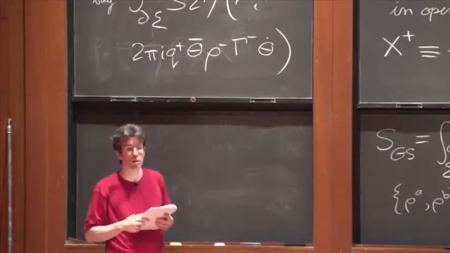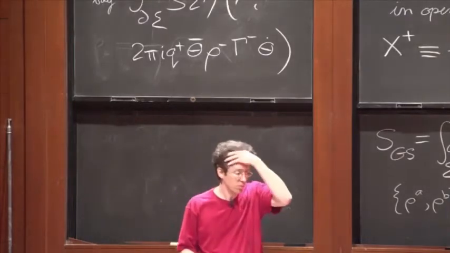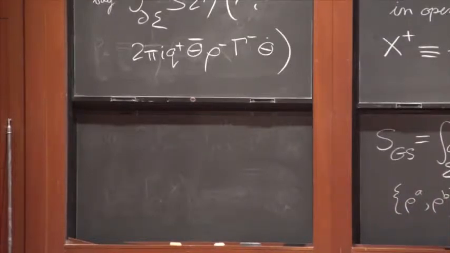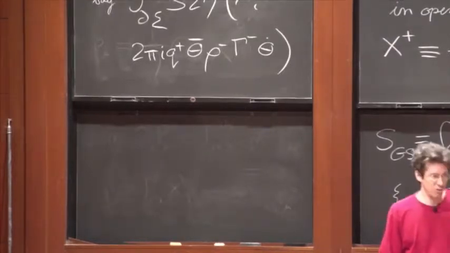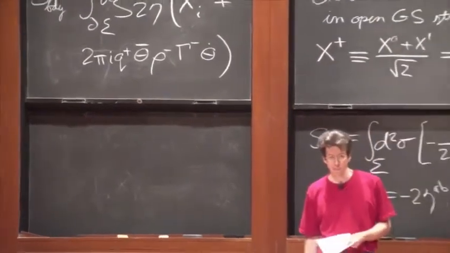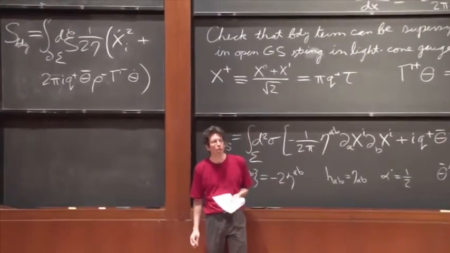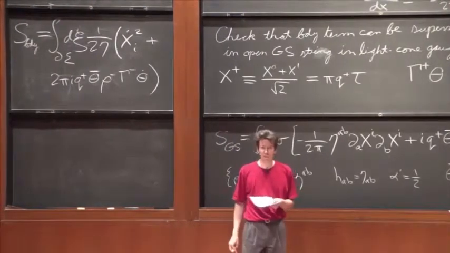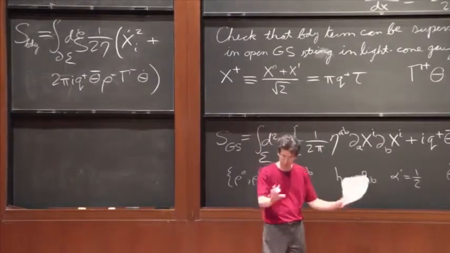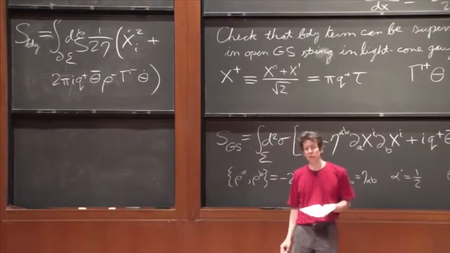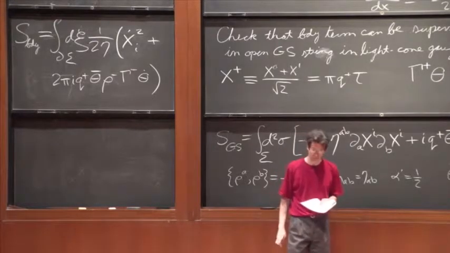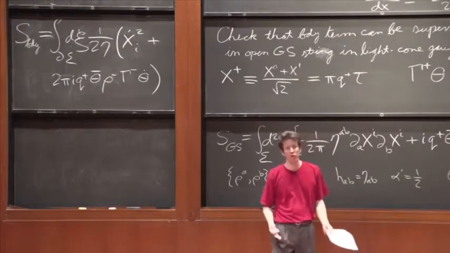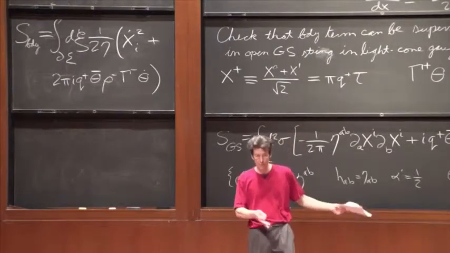Yes? How important was it that you supersymmetrize before finding this boundary action? Would it have been possible to start with the original non-supersymmetric action and find a similar sort of result? I think it would be a lovely exercise to go through to do exactly that, and I haven't managed it. The light cone Green-Schwarz action is a wonderful thing because it's so extremely simple. It's a quadratic action, purely free fields. When you pass to the covariant Green-Schwarz action, then there are quartic terms in the fermions, and there's an additional symmetry. It is a local fermionic symmetry called Kappa Symmetry.